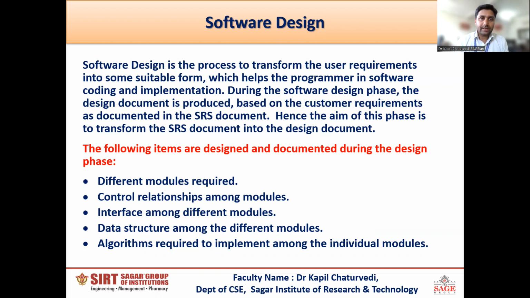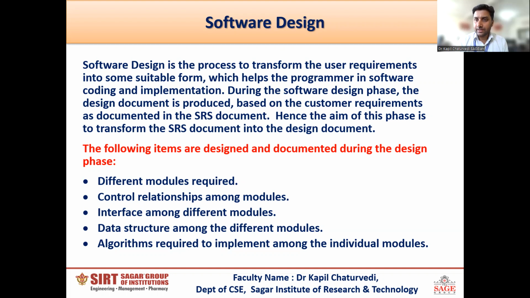Software design is the process of transforming the user requirements into some suitable form, which helps the programmer in software coding and implementation. During the software design phase, the design document is produced based on the customer requirements as documented in the SRS document. Hence, the aim of this phase is to transform the SRS document into the design document.